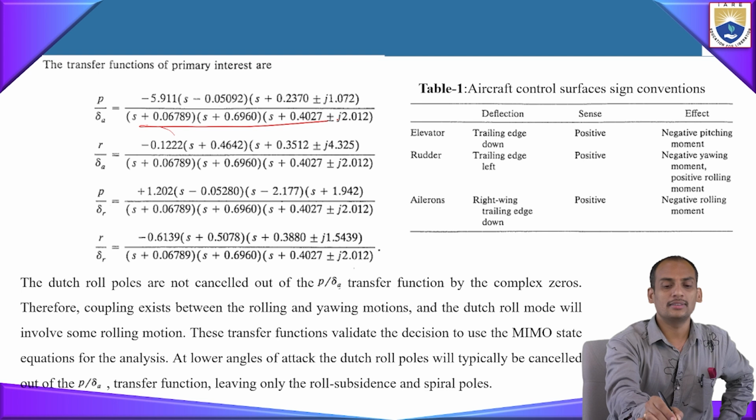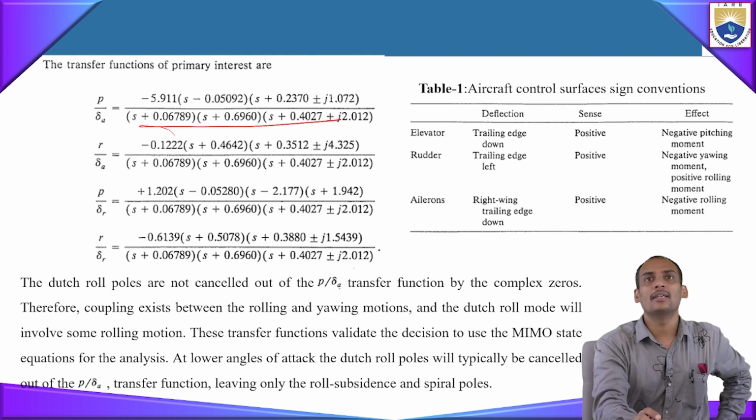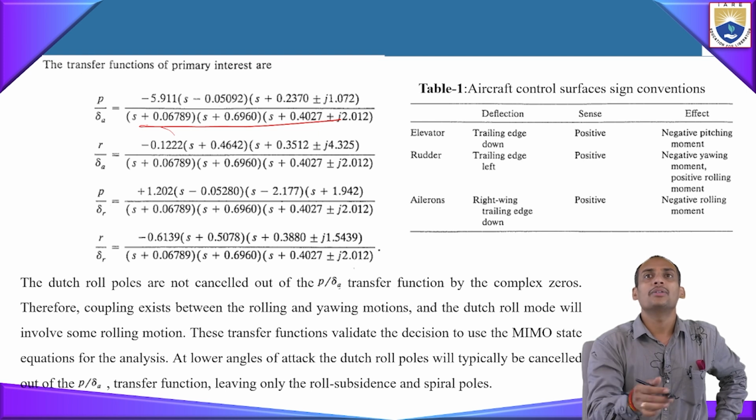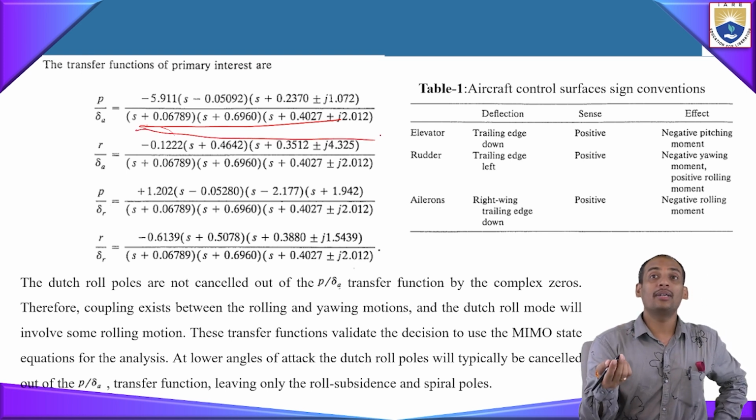That transfer function is this one, and this has minus 5.911 into s minus 0.5092 into s plus 0.2370 plus or minus j 1.072, over s plus 0.0767 and s plus 0.69 and s plus 0.4027 plus j 2.012.